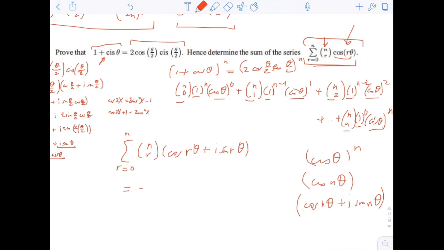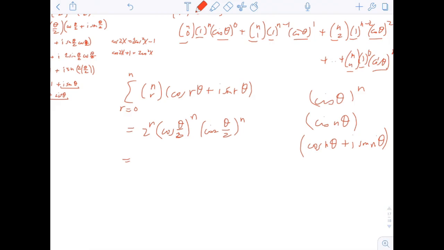We'll have 2 to the nth power times cosine of theta divided by 2 to the nth power, and then cis theta over 2 to the nth power. So that's going to equal 2 to the nth power cosine to the nth power of theta divided by 2, and then using de Moivre's here, it would be cis n theta divided by 2.